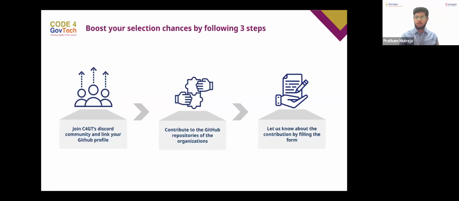Then you can start contributing to the GitHub repositories of the participating organizations. After that, there is a Google form which is available. You can fill in that form, share the link of the issue you are working on, and then you can let us know through that form that this is one of the projects that I have worked on.